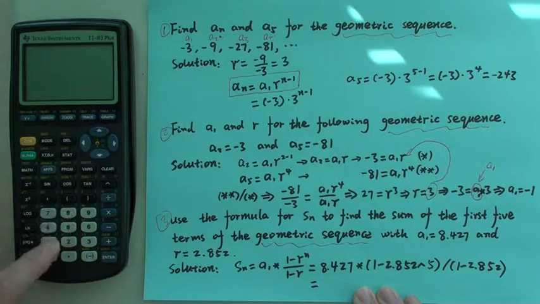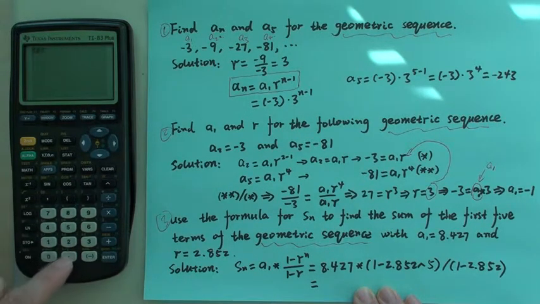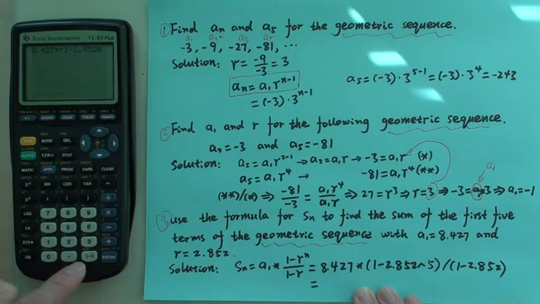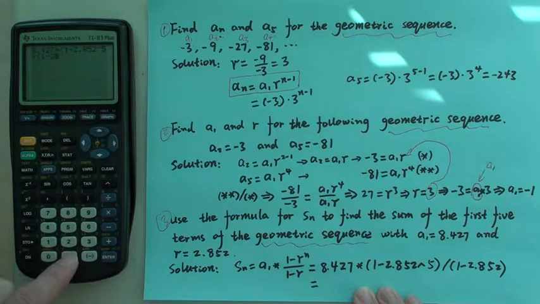So turn it on, and 8.427 times parenthesis 1 minus 2.852 to the 5th divided by 1 minus 2.852.